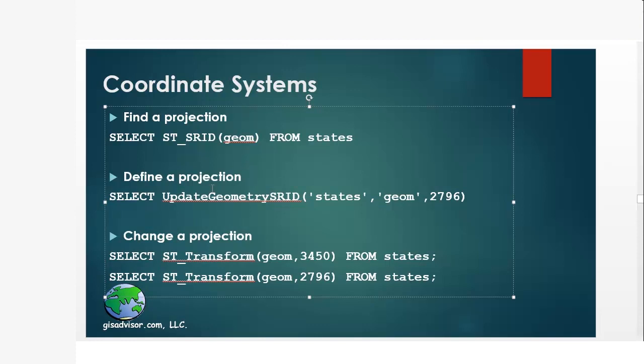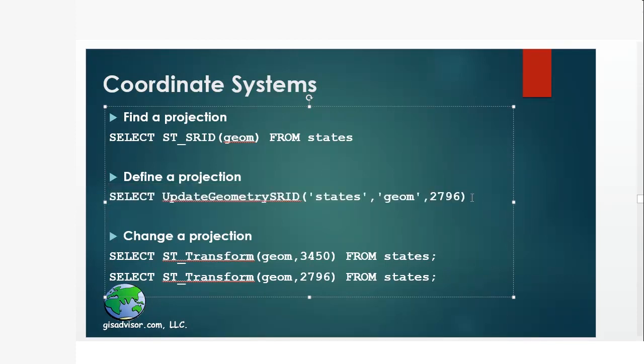So some of the things we can do is define a projection and also change a projection. We just selected the projection to see what the number was. If I wanted to actually update the geometry SRID, we can do that by saying select UpdateGeometrySRID states, and then the column name geom, and then I give it a brand new projection.